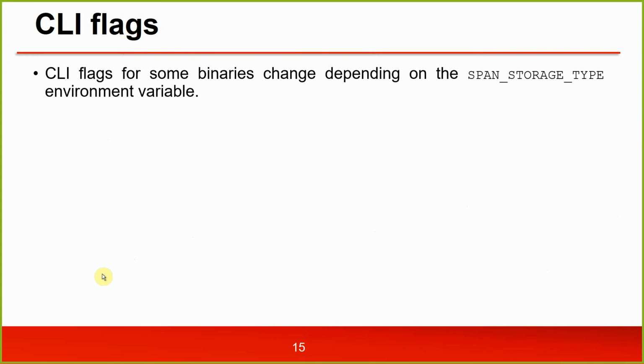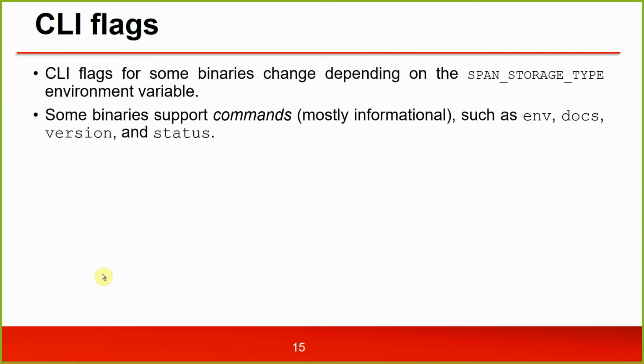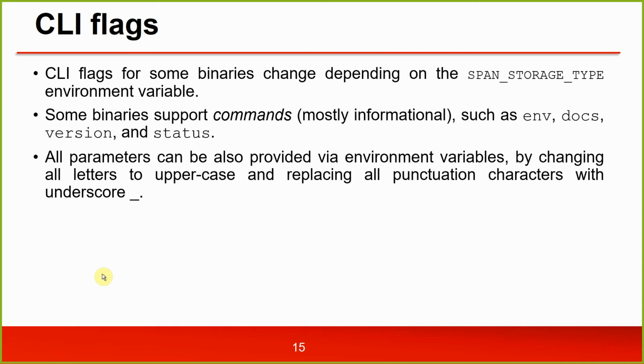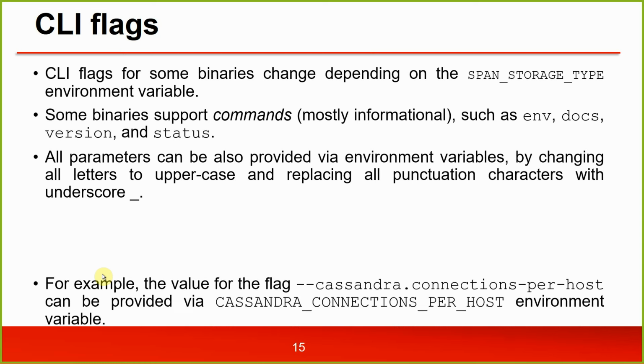Now there are some important CLI flags when you are running it from the CLI. CLI flags for some binaries change depending on the span storage type environment variable. Some binaries support commands, mostly informational, such as env, docs, version, and status. All parameters can also be provided via environment variables by changing all letters to uppercase and replacing all punctuation marks with underscores.